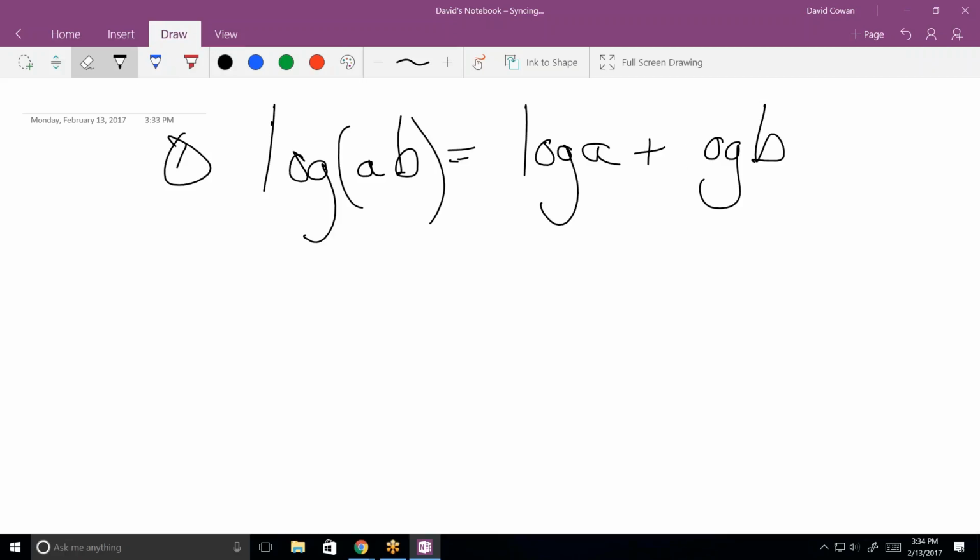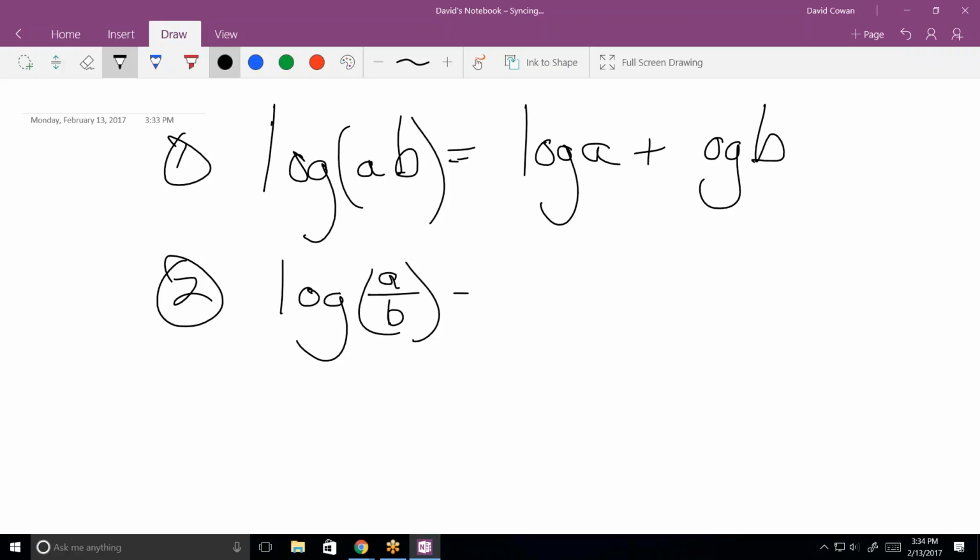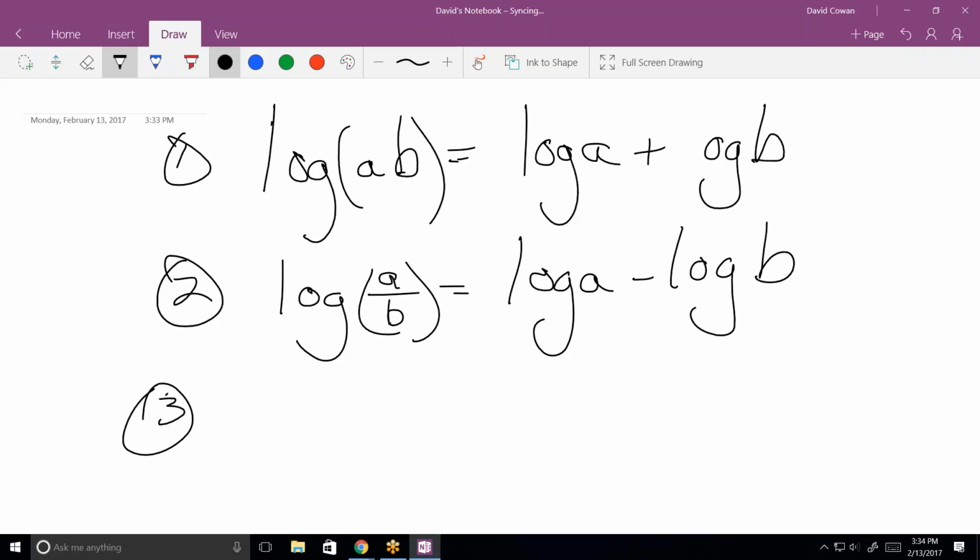Division. Log of a divided by b equals what? Log a minus log b. And thirdly, and this one's probably the most important one, the log of a raised to the b power equals what?